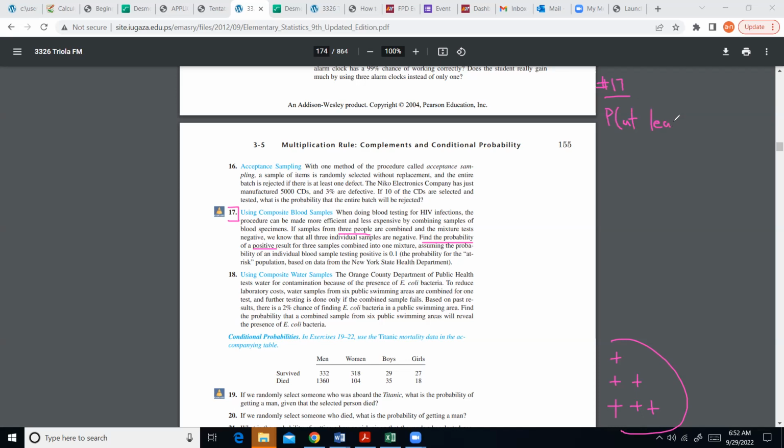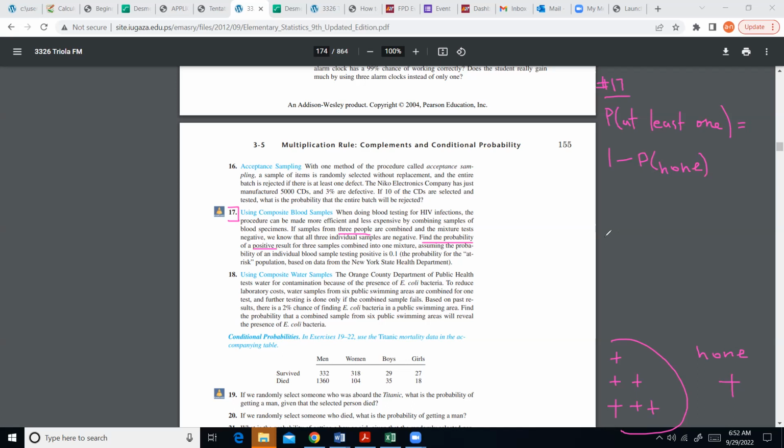At least one we want on the positive side, and at least one means either 1 or 2 or 3, and the complement will be none of them positive. So in other words, everything is negative. So it'll be 1 minus the probability that none of them are positive.